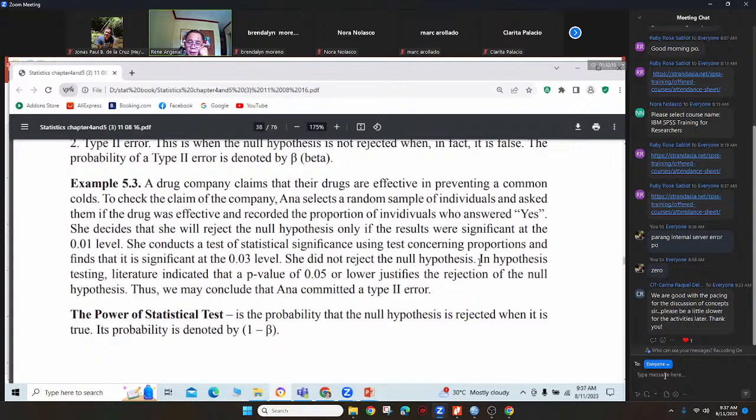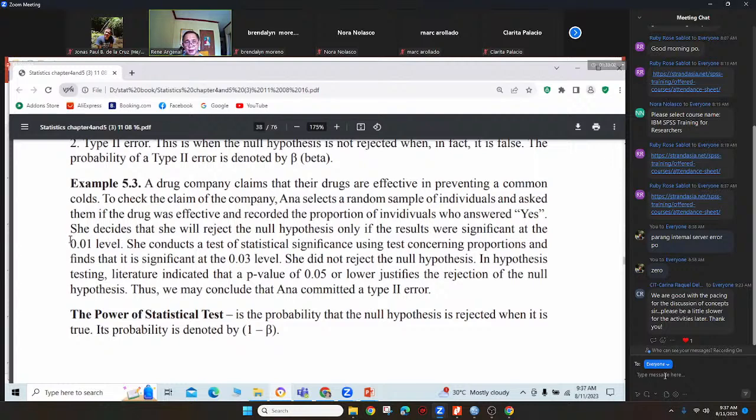Okay? In hypothesis testing, literature indicated that a p-value of 0.05 or lower justifies the rejection of the null hypothesis. So 0.03 is less than that. So she should reject the null hypothesis because basically, in hypothesis testing, usually we use a standard of 0.05 and 0.03 is less than 0.05.